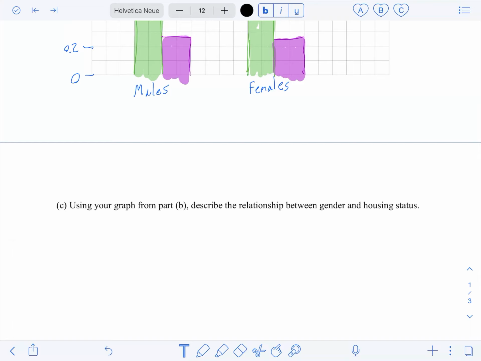So, from the graph in part B, we see that both side-by-side comparisons are similar.